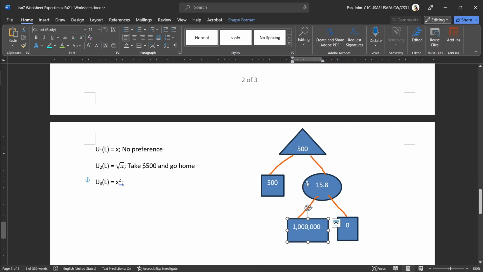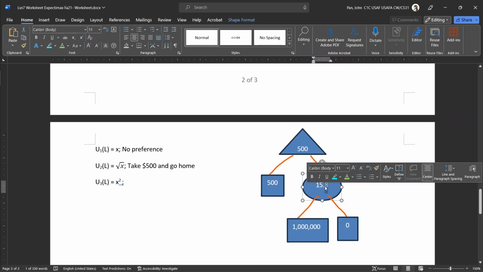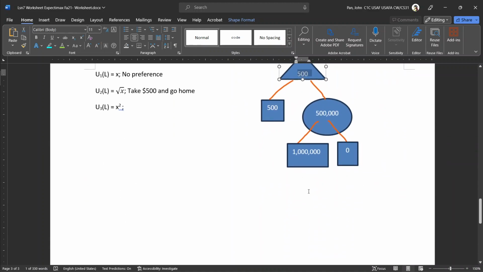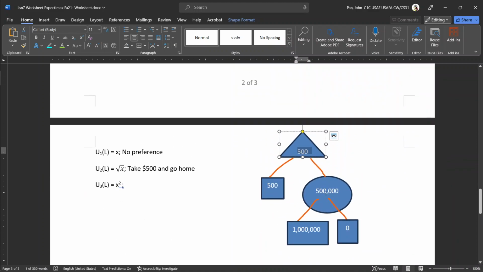So in other words, we have a 50% chance of winning $1 million. So the expected value of rolling the dice, playing the lottery, is half of that. And we would play the lottery every time because the potential winnings are just too high to pass up.